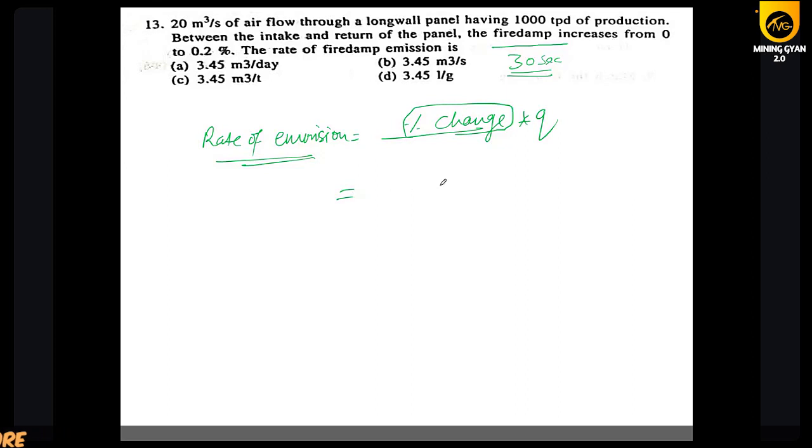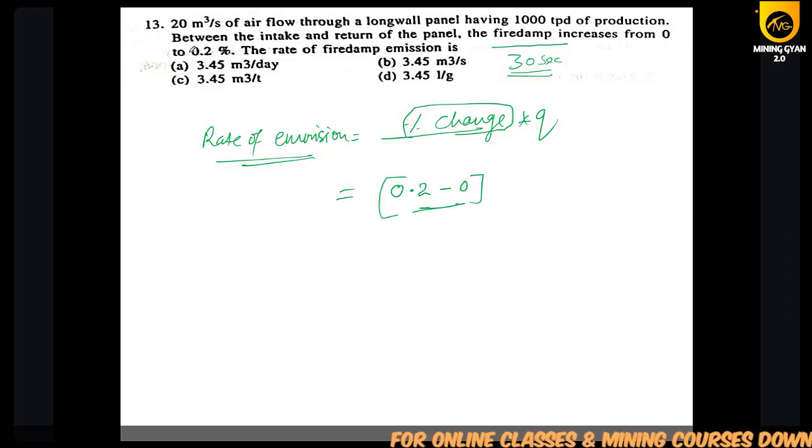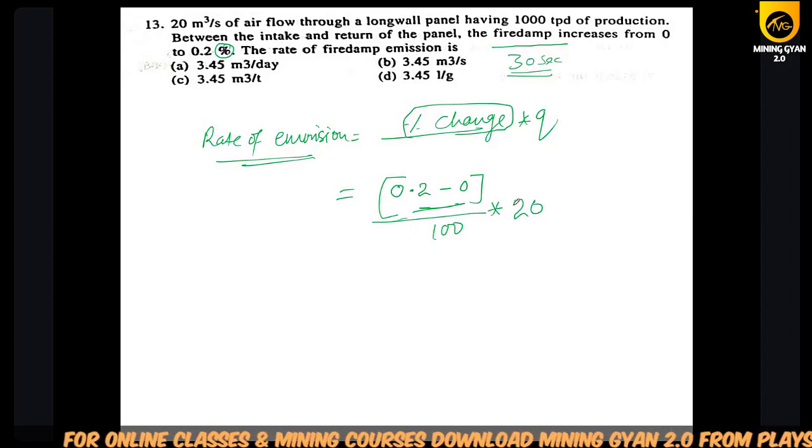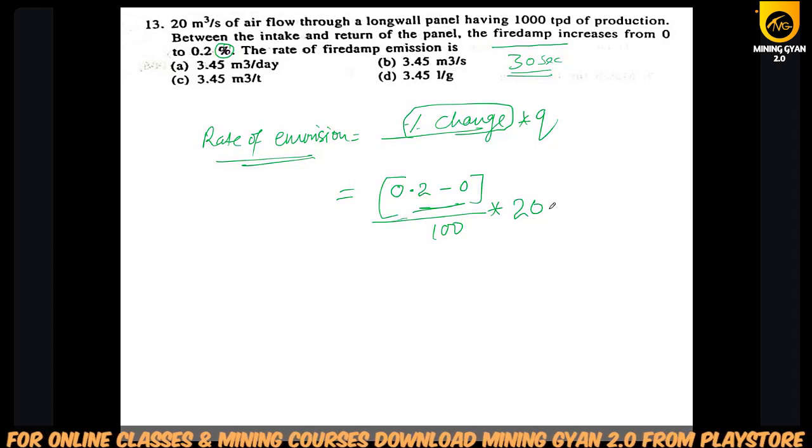So how much will the percentage change be? It is 0.2% minus 0, because initially we are taking 0. If you convert the percentage, you divide by 100, multiplied by the quantity 20 meter cube per second.